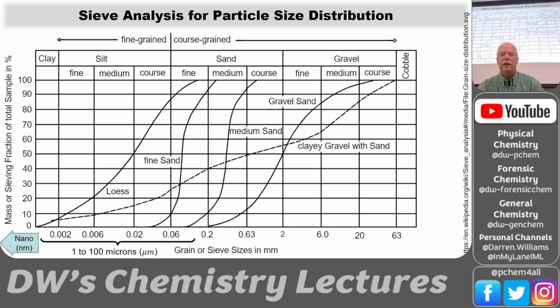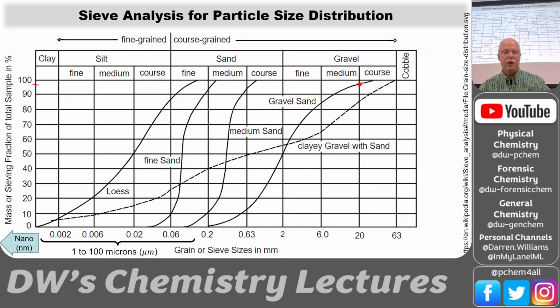So if you had sieves at these different levels, let's say you had a 20 millimeter sieve mesh, and you got this data point, and it came in at like 96% passing. That's what that data point would be. You weigh out the total sample that you dumped in the top, and 96% of that mass went through that first sieve.